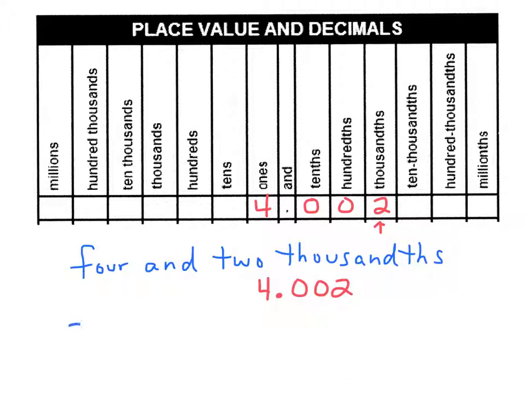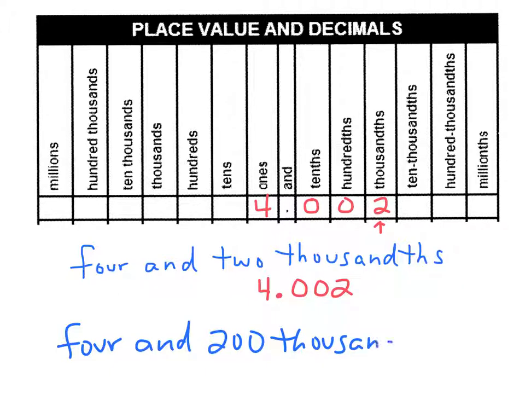Notice that this is different than the number 4 and 200 thousandths. If I wanted to write the number 4 and 200 thousandths, once again, I'm going to need to put a 4 in the ones place, 4 dot, but I need 200 thousandths. So before I can say the word thousandths, I need the number 200.